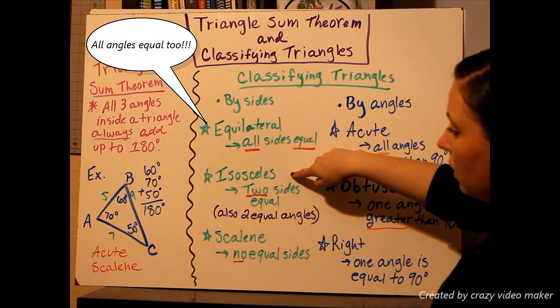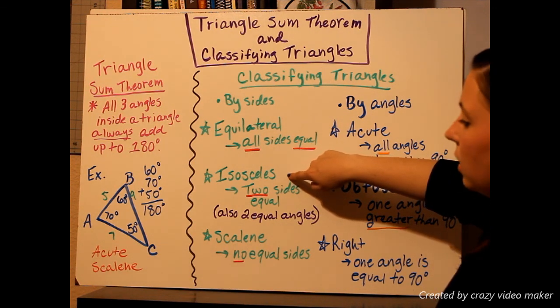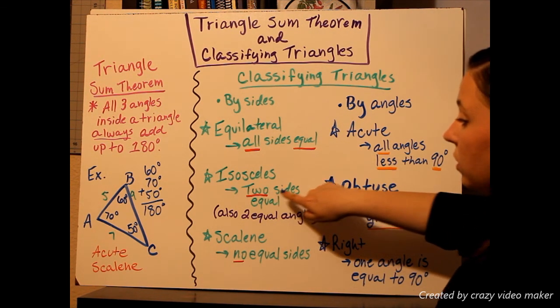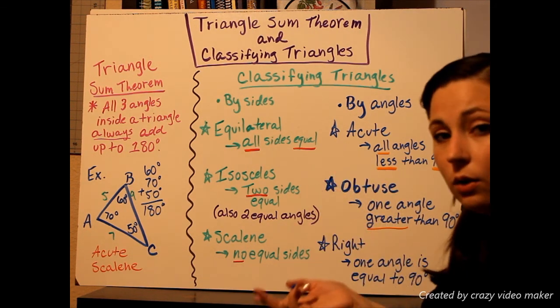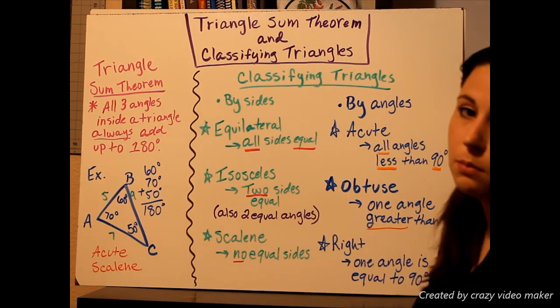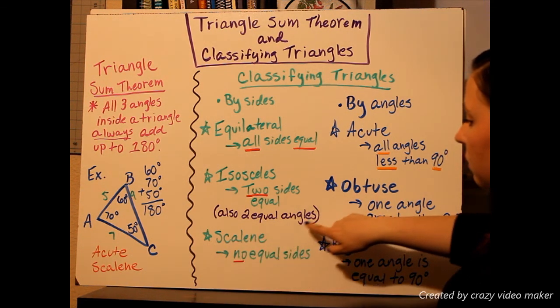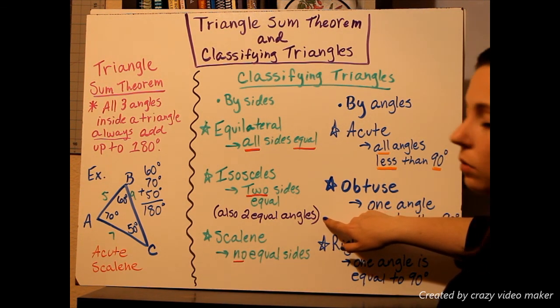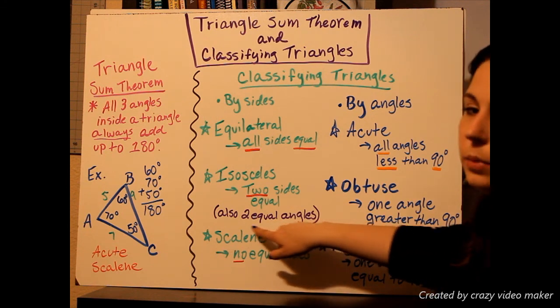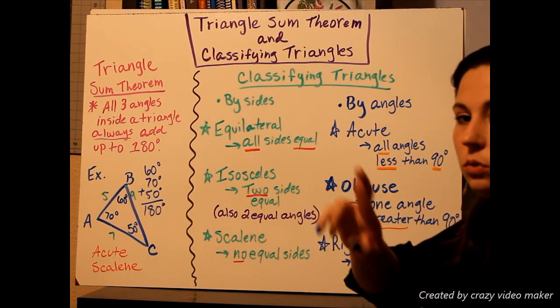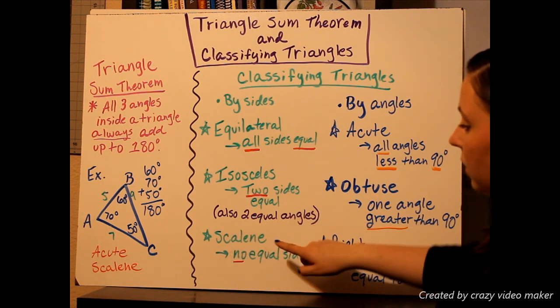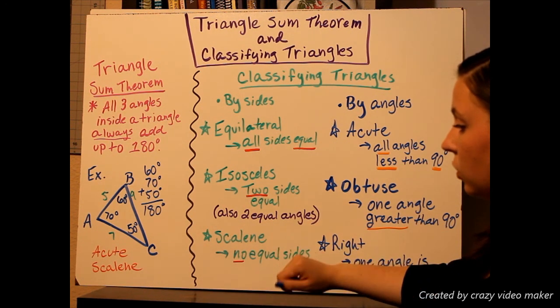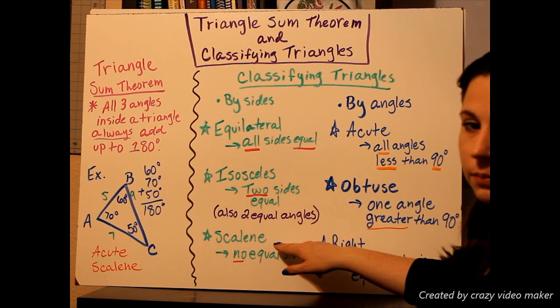Our next one, isosceles. Isosceles triangles have two sides that are equal. So 2 out of the three sides will be the same measure. Additionally, you can know an isosceles triangle because 2 of the angles will be equal as well. So it's 2 equal sides, and that means you have 2 equal angles. Then our last side classification is scalene.